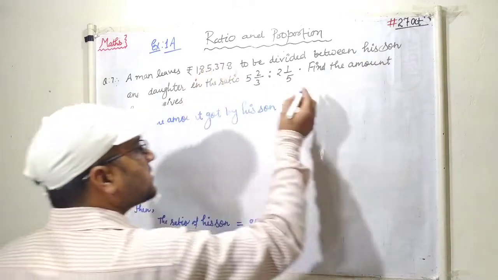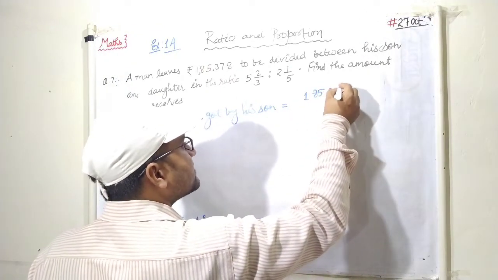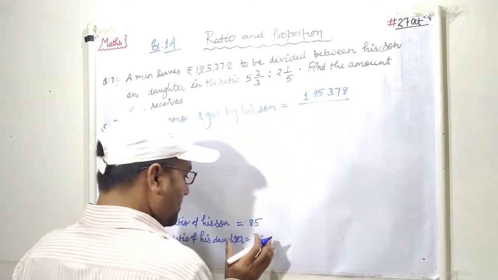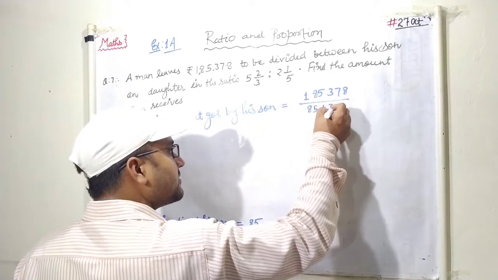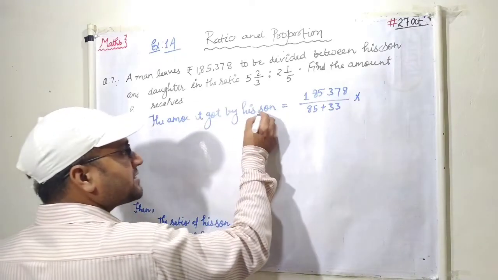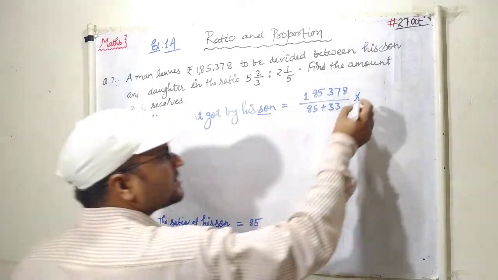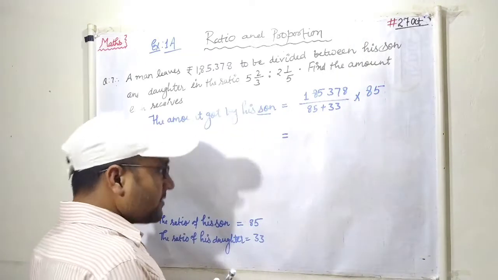The total amount is this one, 1,85,378 upon the sum of the ratios of his daughter and son. You are finding the value for his son, so multiply by the ratio of his son, that is 85.